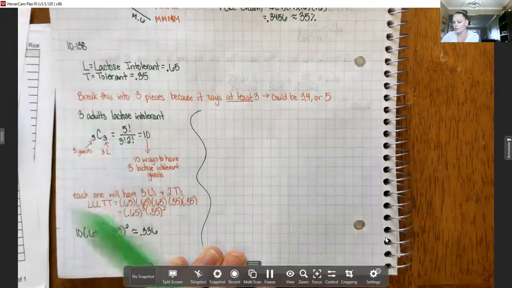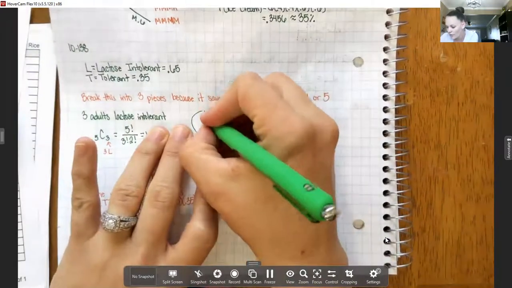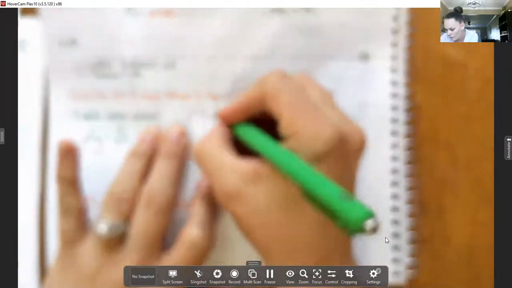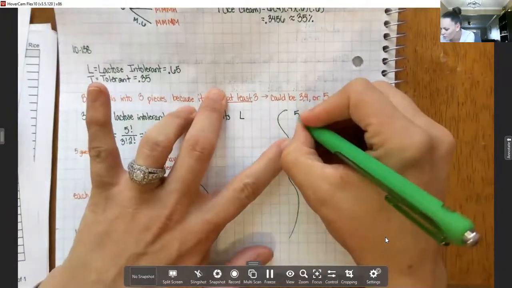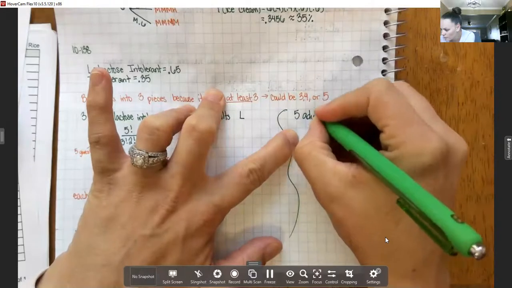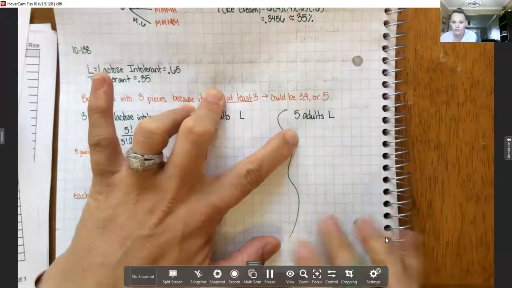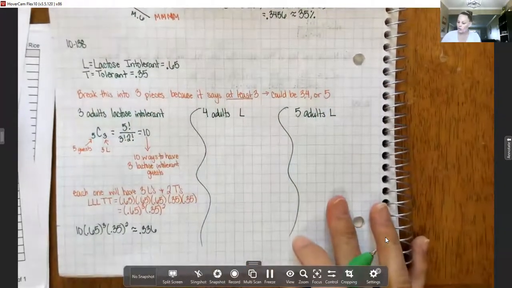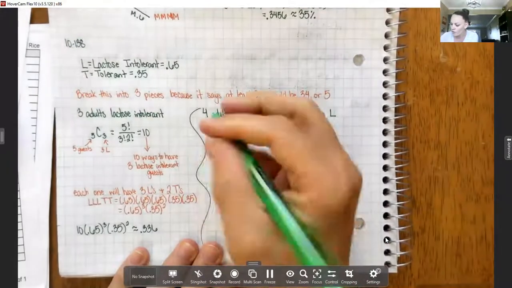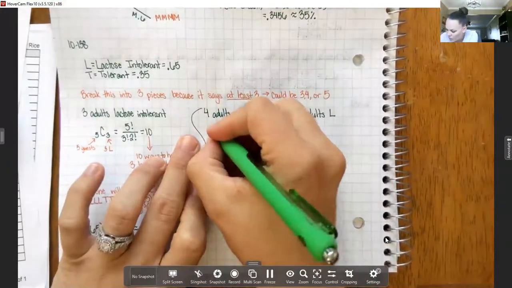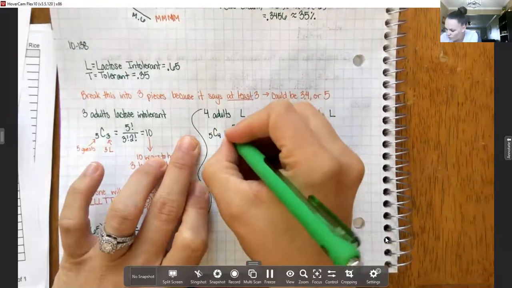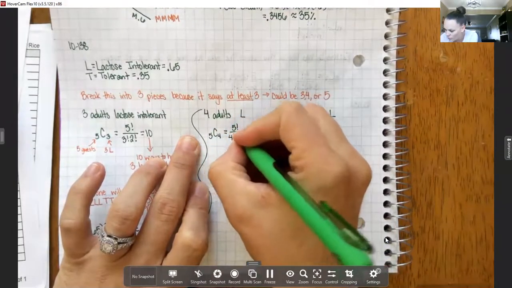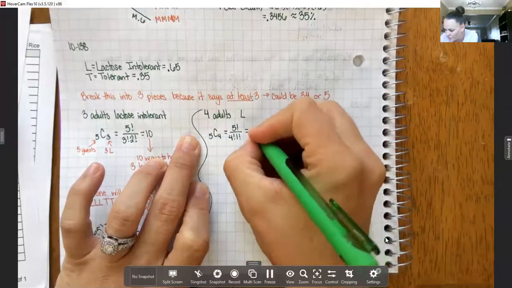All right, so that, again, it said at least 3 adults. So we could do 3 adults are lactose intolerant, and then 4 adults, and then the last piece over here will be 5 adults are lactose intolerant. So if we want 4 of them lactose intolerant, that would be 5 choose 4, which is 5 factorial over 4 factorial times 1 factorial. That ends up being 5.